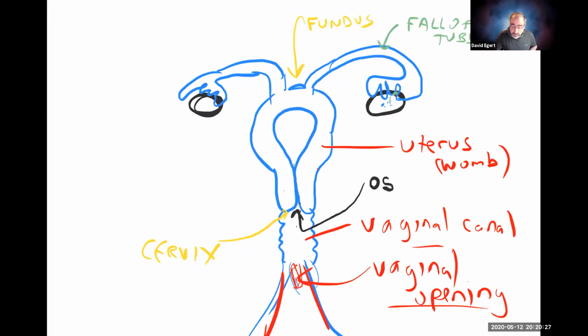It kind of swells out. There's different names, the ampulla, the infundibulum. The main part you need to know are the fimbriae. The fimbriae are like these little fingers that reach out and actually try to catch the egg.